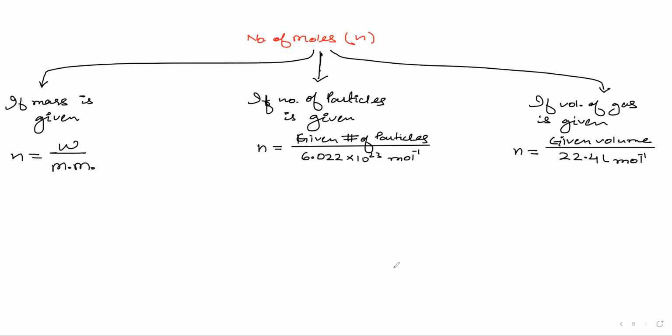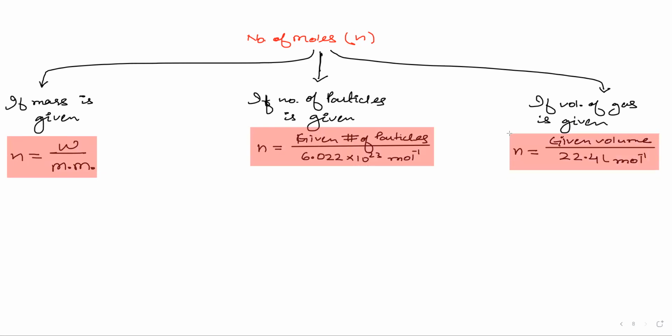Now again, these are not really formulas. If you just apply a bit of logic, for example, if I ask you how many dozens are present in a given amount of bananas, you won't ask for formulas, right? This is the same thing, but only the new terminologies are present.